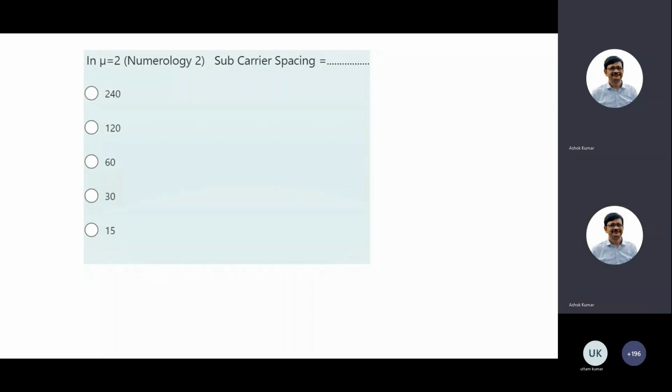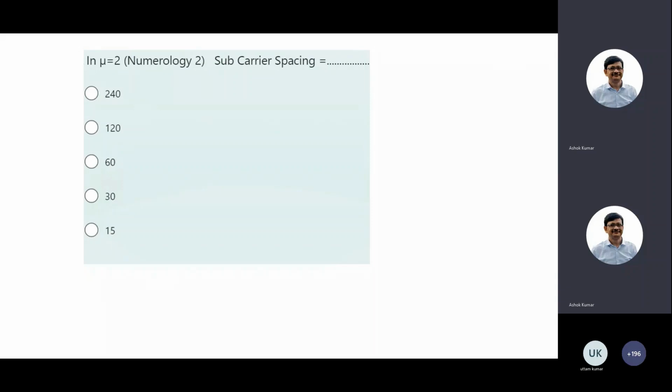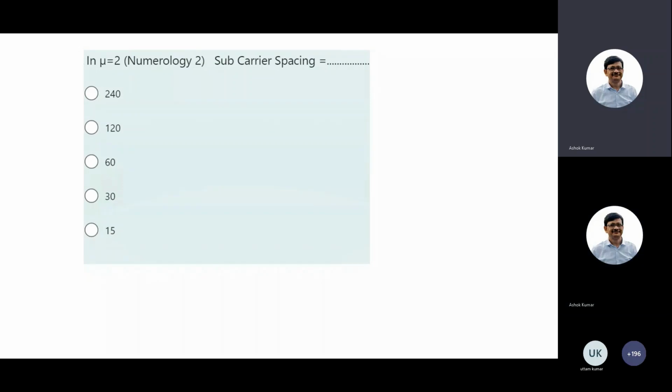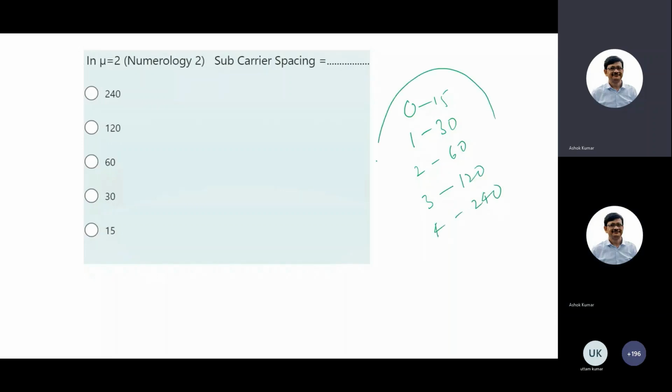Numerology 0 is 15, not 30. 0 is 15, 1 is 30, then 2 is what? 60. Good, so it's 60 kilohertz. Just remember, numerology 0 is 15 kilohertz. Numerology 1 is 30, that's doubling. Then 60, if it is 3, then 120, if it is 4, then 240. Don't confuse.